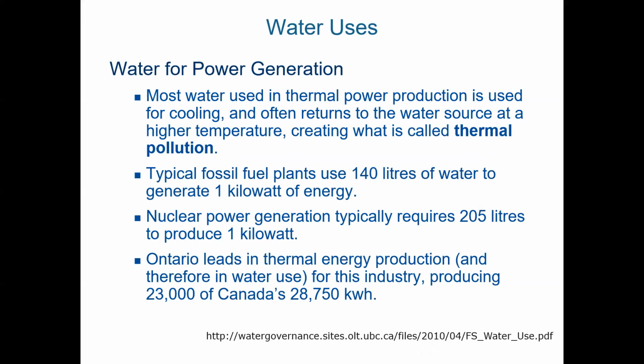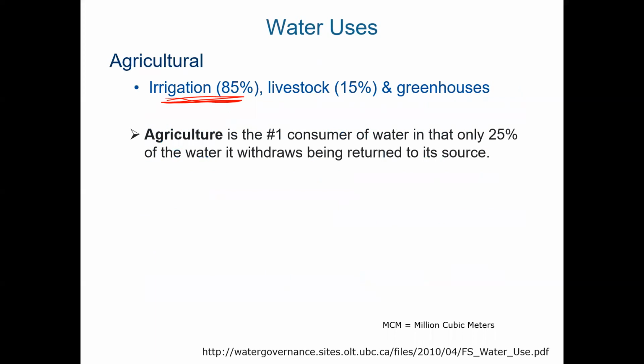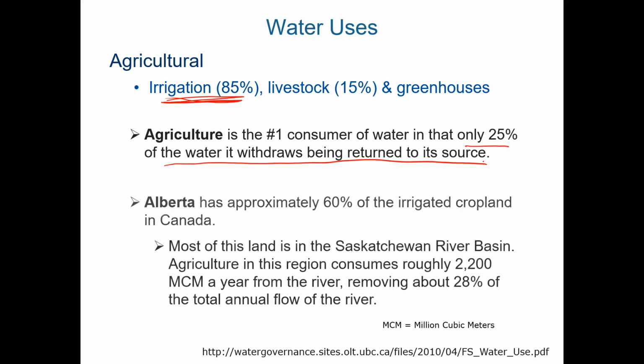It can be returned to the environment as long as it's cooled down. Whereas agriculture, you can see this stat here, only 25% of the water actually is being returned to the source. So this is actually a huge consumer of water because that water is not put back into the rivers or anything like that. It's going into the ground generally or is evaporated and whatnot. So it is a big part of water being consumed.